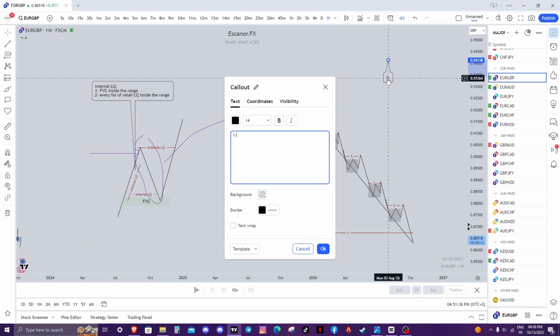So the first thing we need to look for, or wait for, is the swipe of external liquidity, okay? This is the first thing. The second thing, we need to look for a slightly higher time frame change of character, or wait for a change of character or market shift, okay?